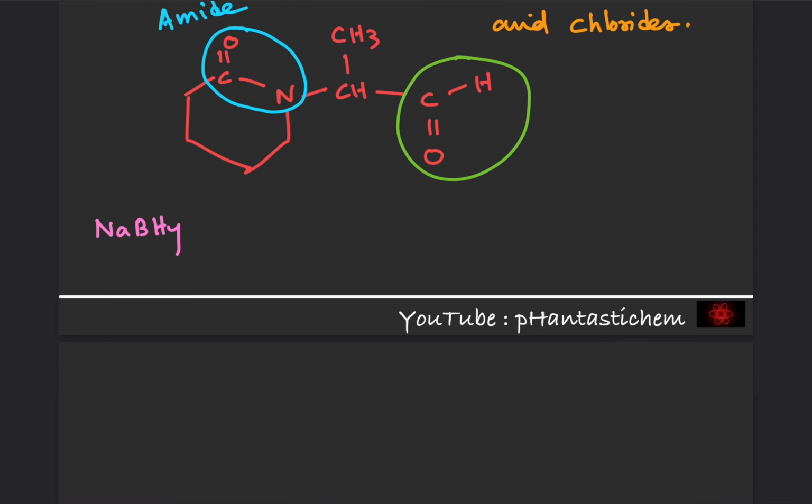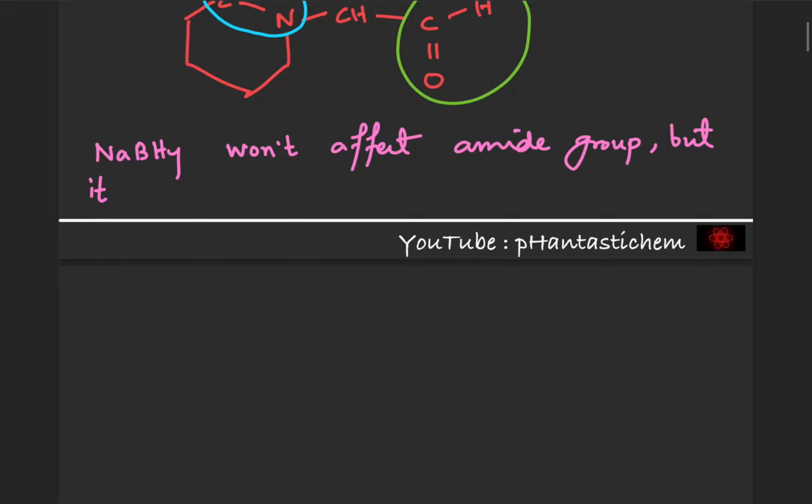So, an important statement: NaBH4 won't affect the amide group, but it reduces the aldehyde group to a 1-degree alcohol.